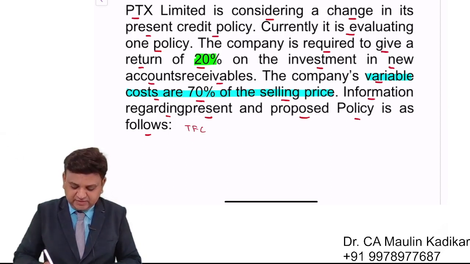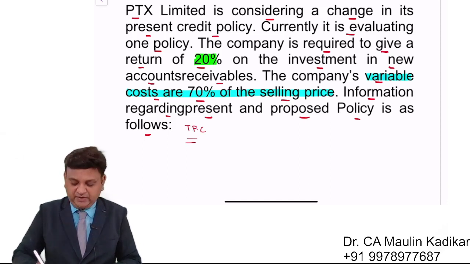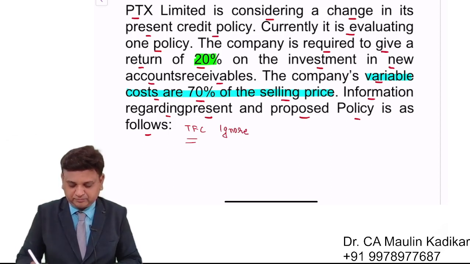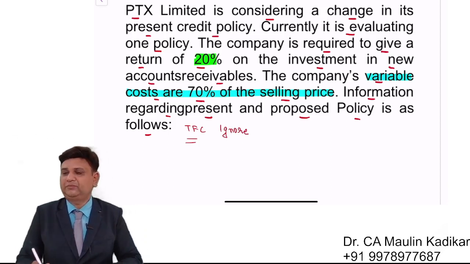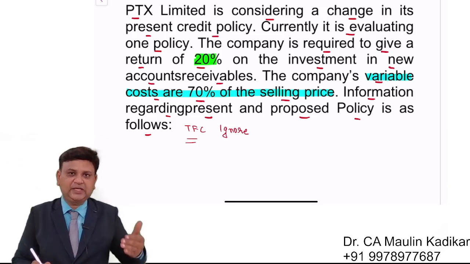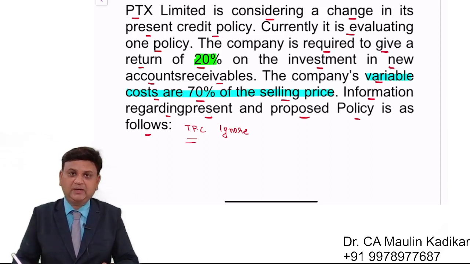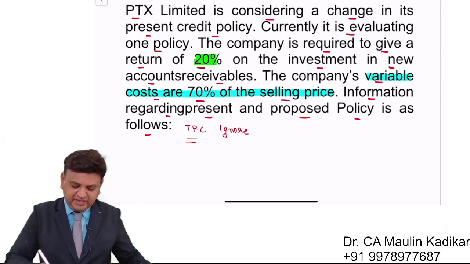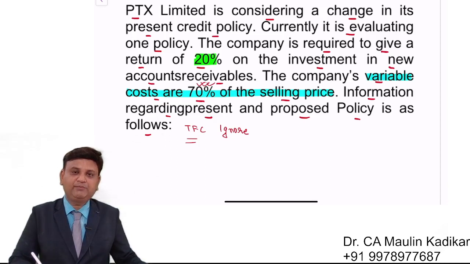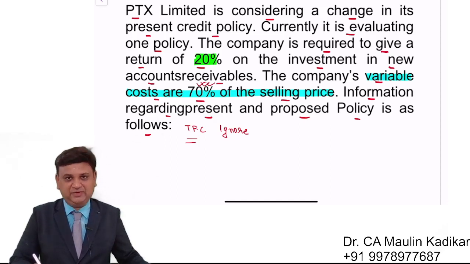So we have to ignore total fixed cost in the calculation of the answer. And listen carefully, carrying cost will be calculated only on the variable cost. Why? Because the total cost information is not available.